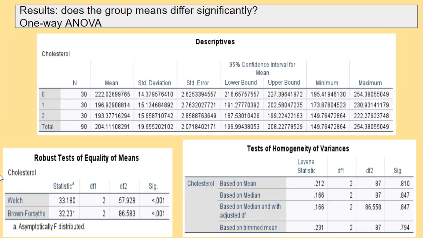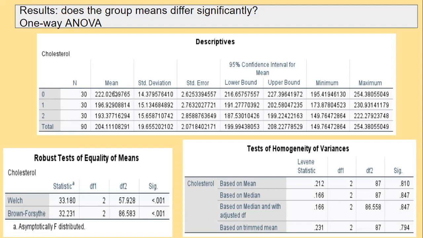Here, as we see on the first table, we can see the 3 groups of the study subjects: group 0, which is the control group, group 1 receiving treatment A, and group 2 receiving treatment B. The sample size of the 3 groups is equal, 30 in each group.